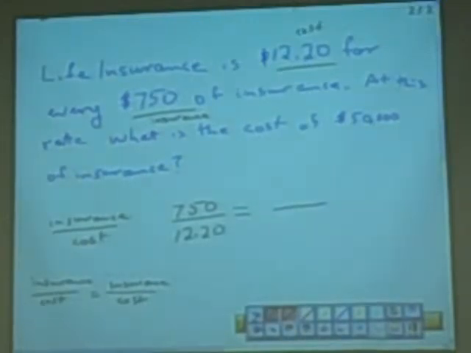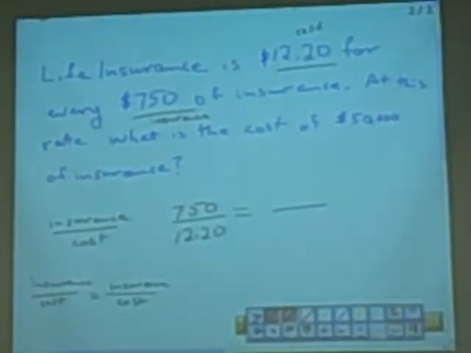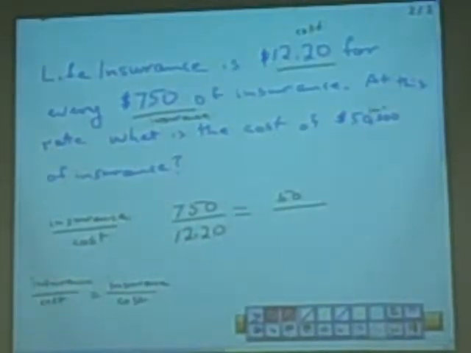Yeah, 50,000 over... Okay. You're going to put the 50,000, because this is our insurance, right? This pen is skipping a lot today. And the cost, we don't know what that is. So we'll put X there for our cost. Okay?